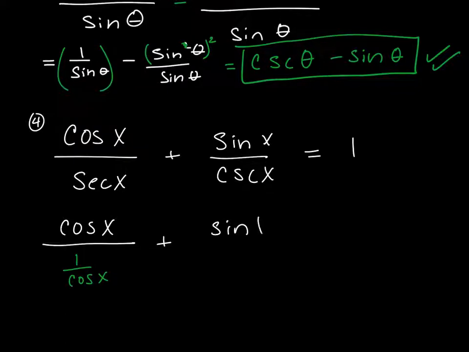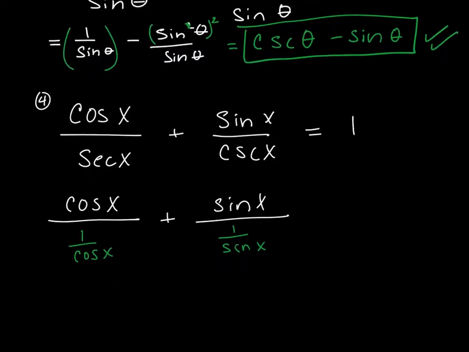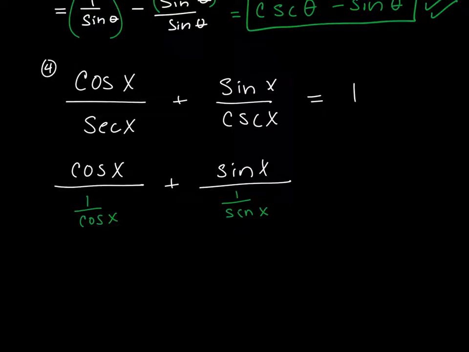Leave this as the sine of x over the cosecant, and the cosecant is the same thing as 1 over the sine of x. So even though this one looked fairly difficult, what happens when we get this? This is that keep, change, flip.